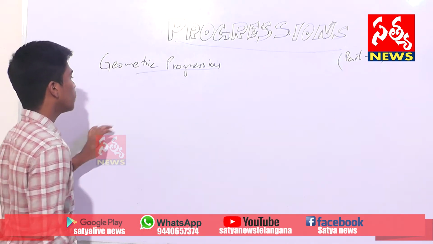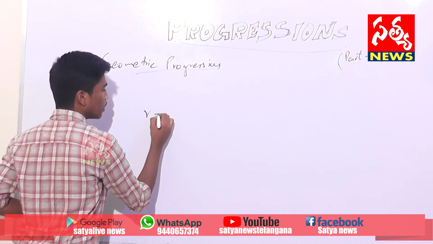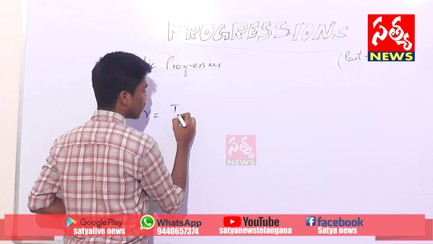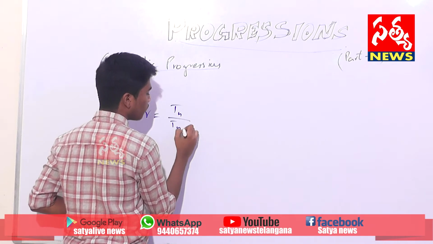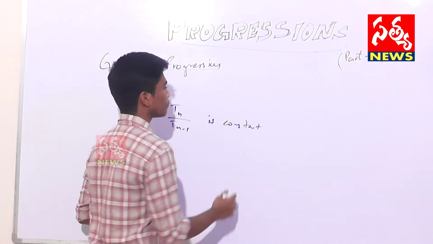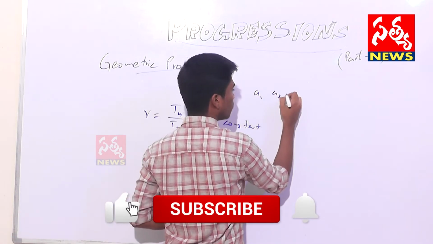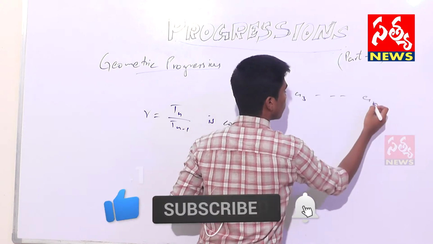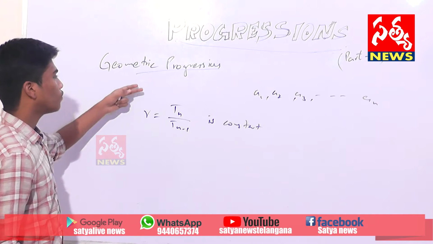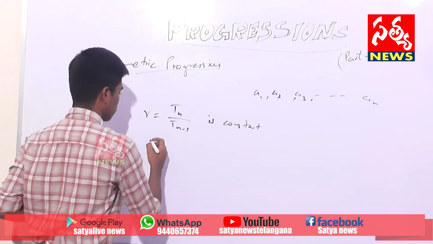A series is said to be in a geometric progression if the ratio between two consecutive terms, t of n by t of n minus 1, is constant. If a1, a2, a3, and so on, an is a series, how do we find whether it is in geometric progression?